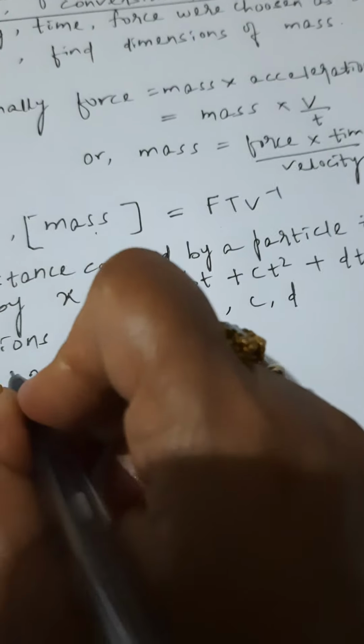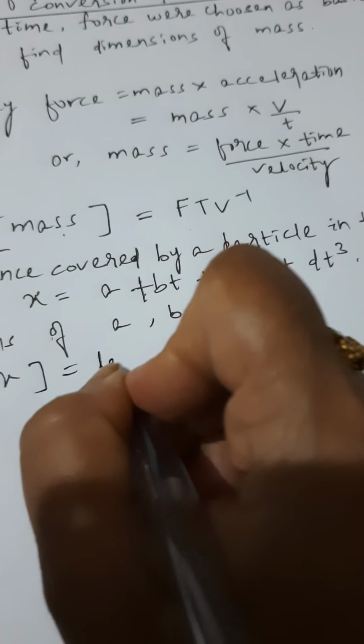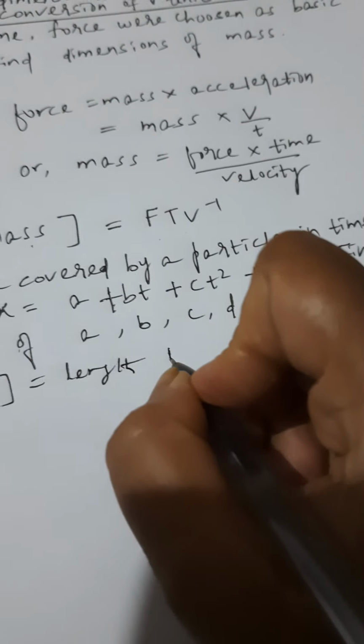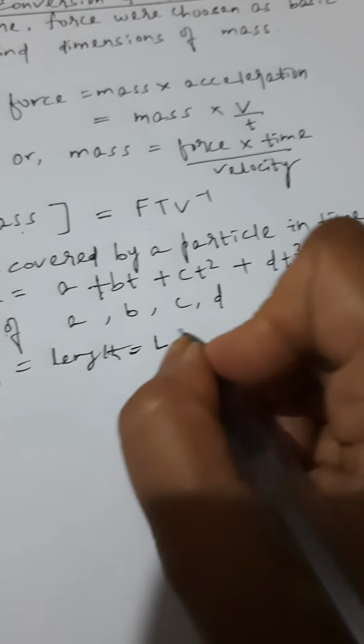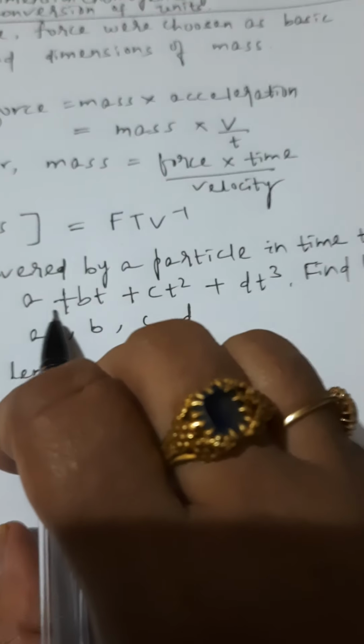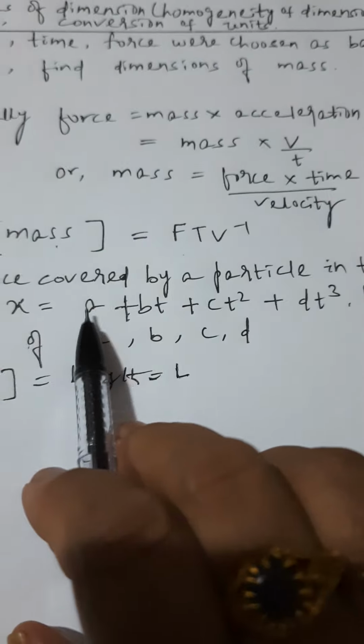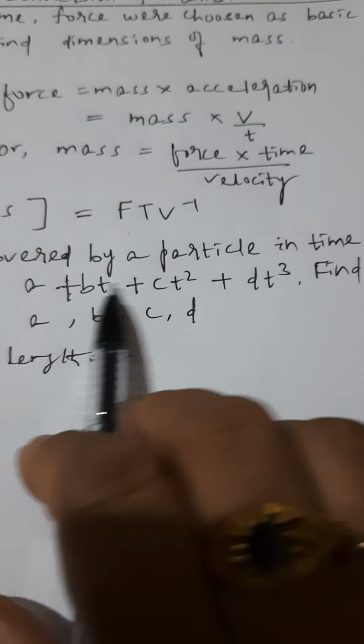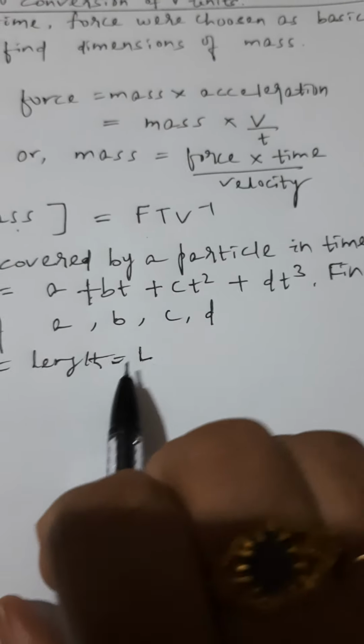Since x is equal to length, L, the remaining 4 quantities should have the same dimensions of length.